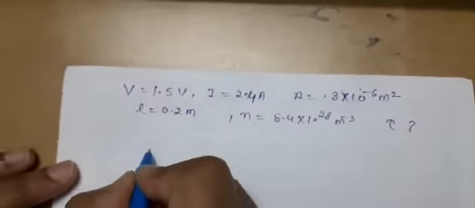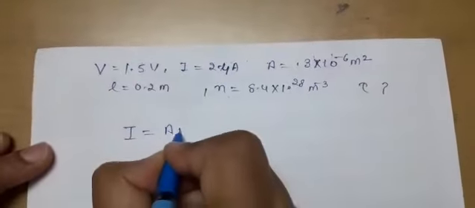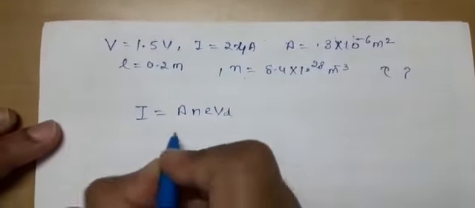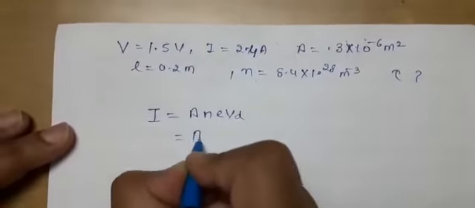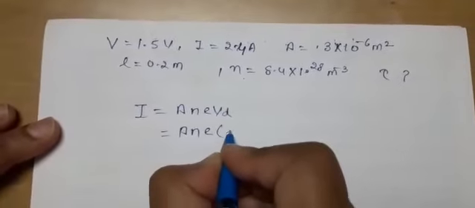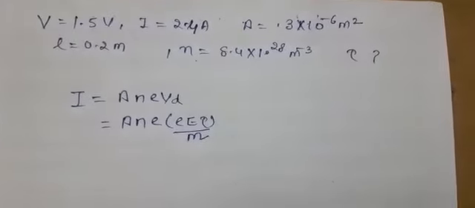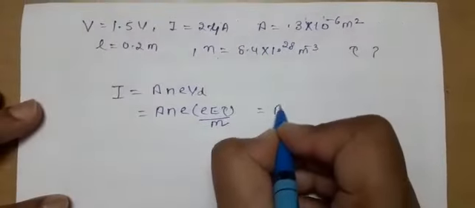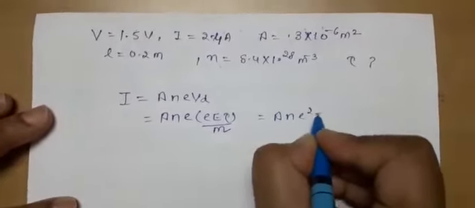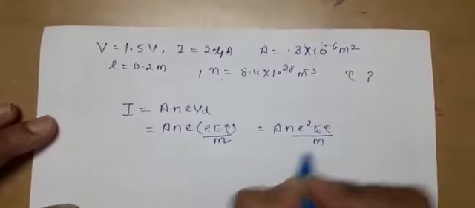As we know, current is given by A n e v d. As you have to convert it in terms of relaxation time, substitute the value of drift velocity also. So it will be A n e square E tau upon m.